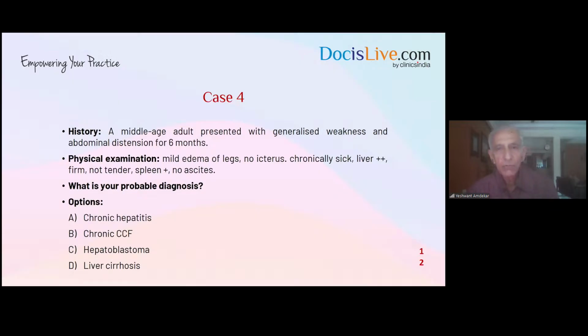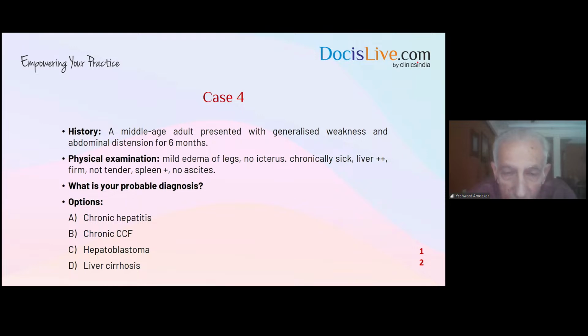Well, let's have a slide back. We have very democratically been equal in choosing almost all four options. Please make a note. This is going on for last 6 months. And this child has a generalized weakness and abdominal distension.